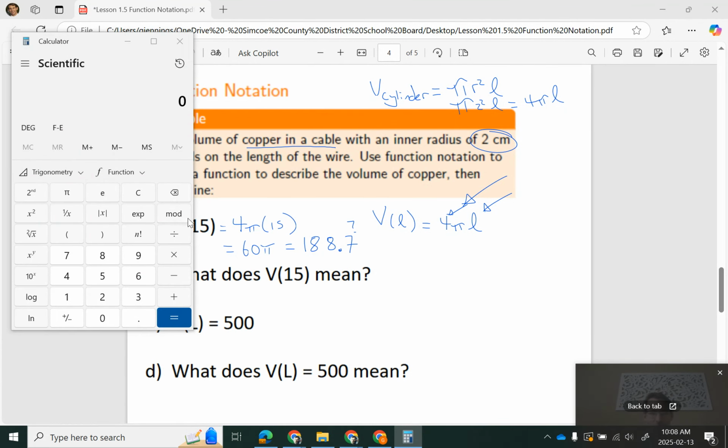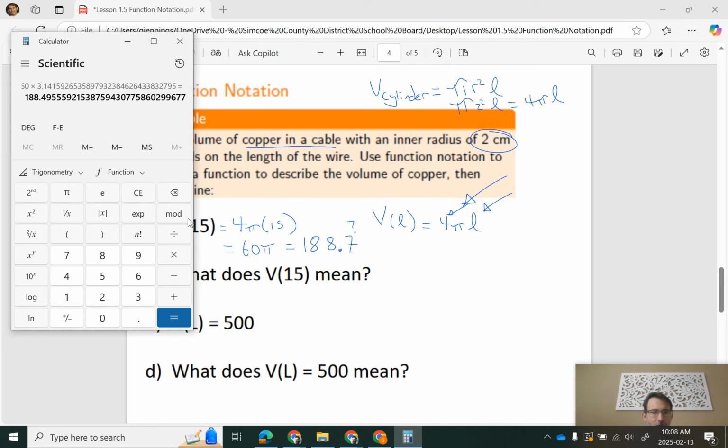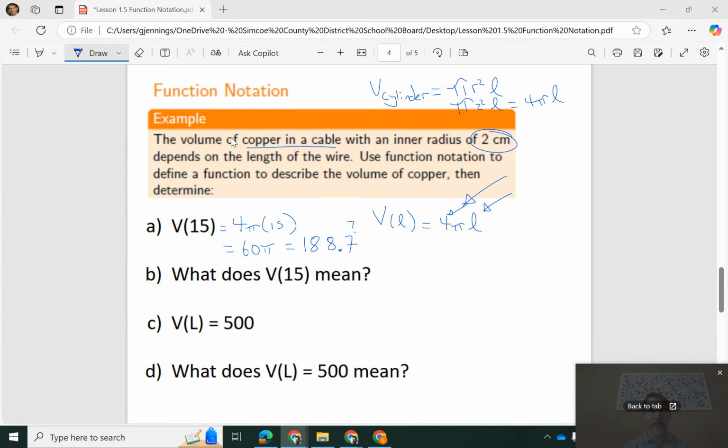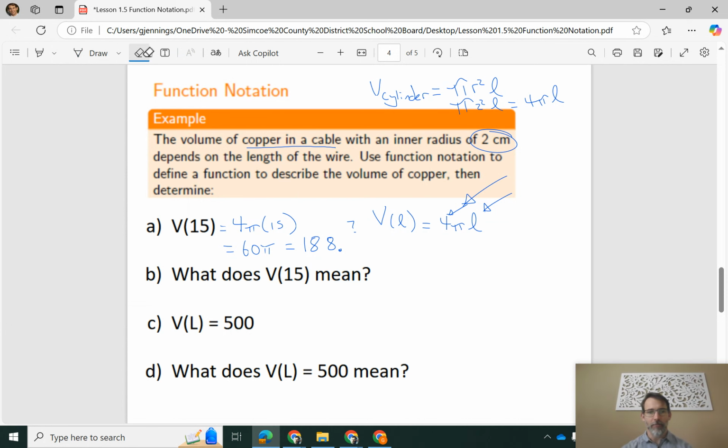Okay, so we got 60 times pi equals 188.49, not 0.7. Gosh, what an egregious error. Okay, so we can say 188.5. But you can also just say 60 pi, and that's pretty much exactly accurate. And that's in centimeters cubed.